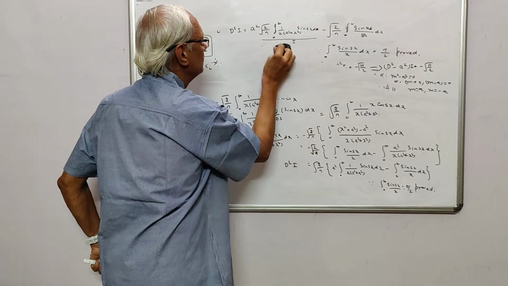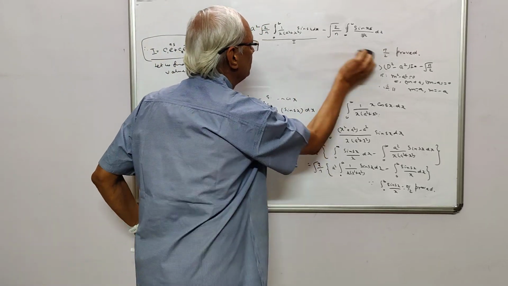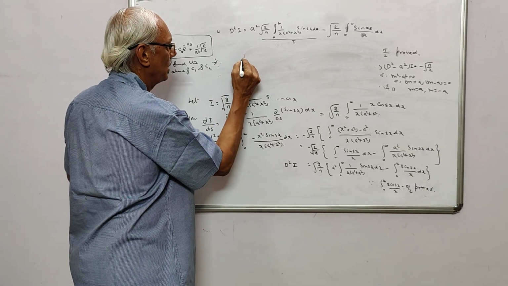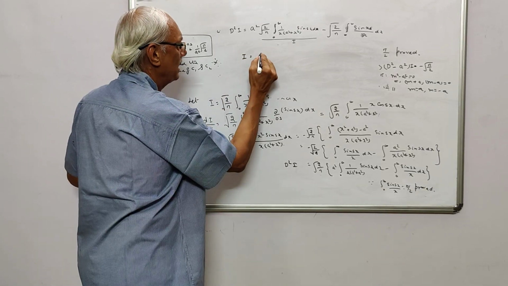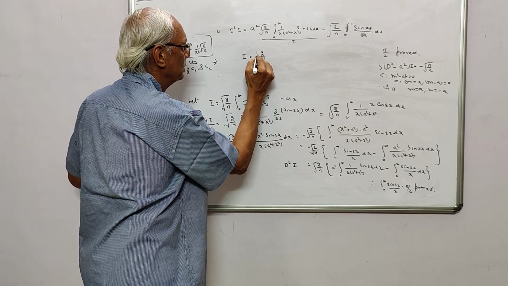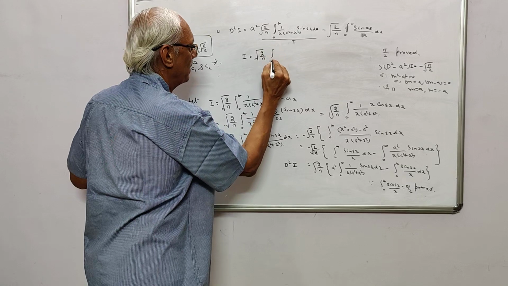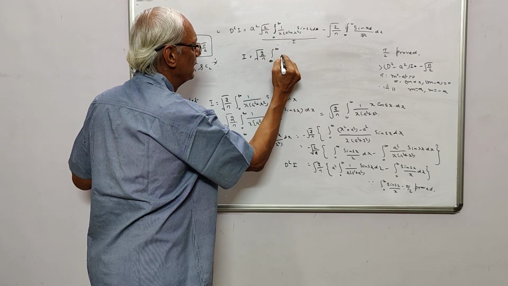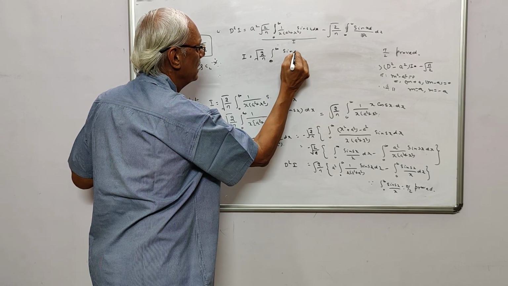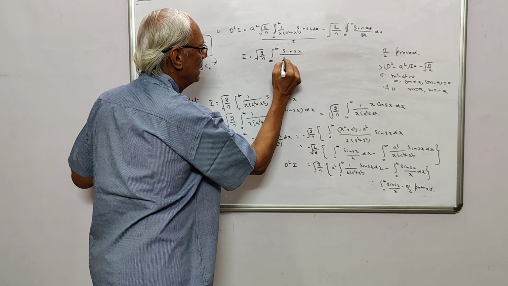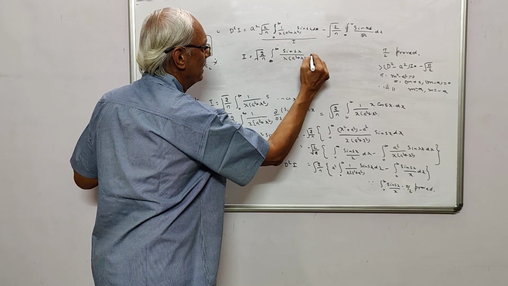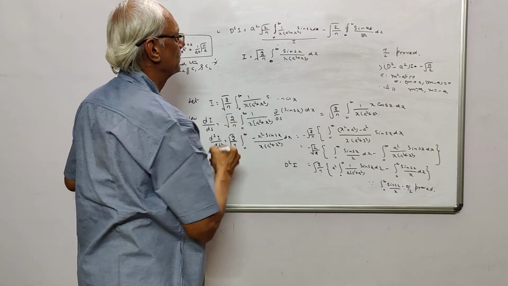Now I will find them. See, I have got this I. What is my I? My I is 2 by pi, square root of that, integral 0 to infinity, sine sx divided by x into (a squared plus x squared) dx.